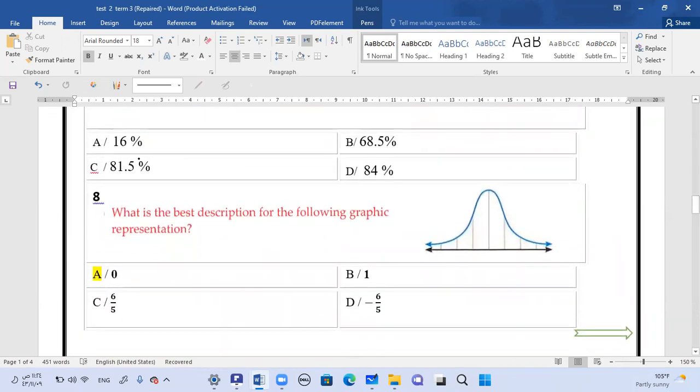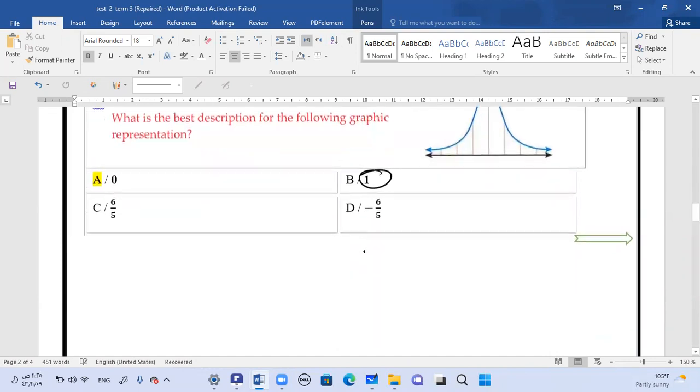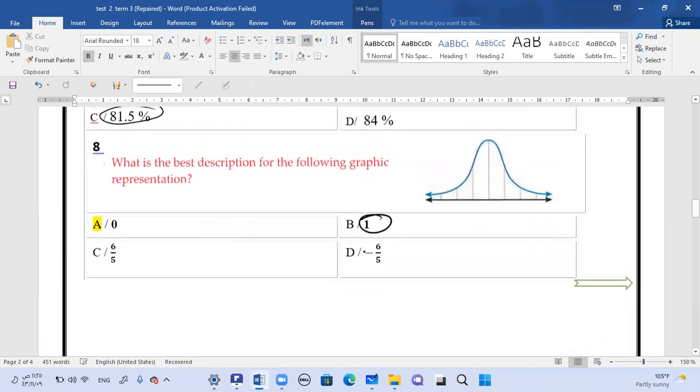Which is the best description of the following graph? 1. The graph represents the normal distribution.